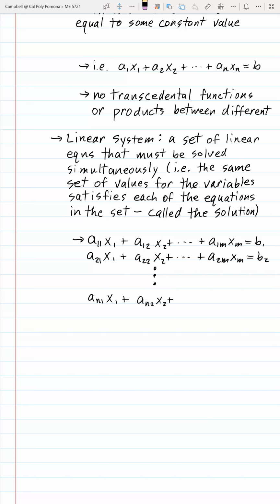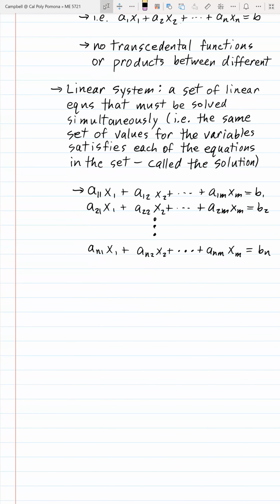And of course, you can see that I am setting this up in a form so close to what we understand our matrix forms to be that clearly we're going to be dealing with matrices here pretty soon. But let's continue to run with this idea of a linear system of equations.